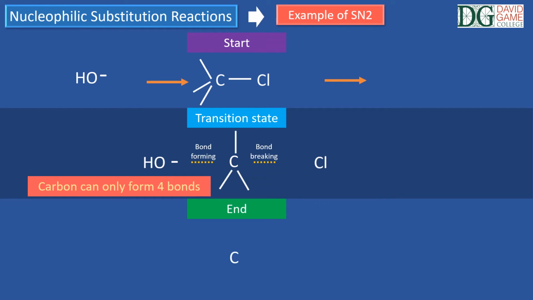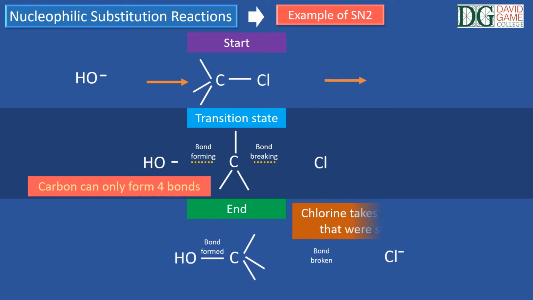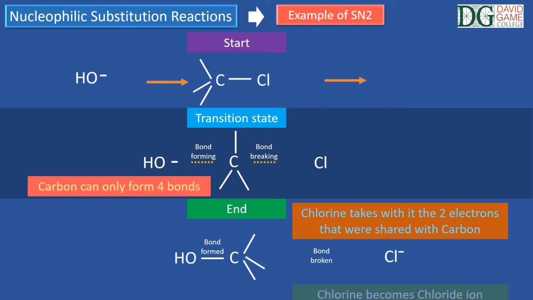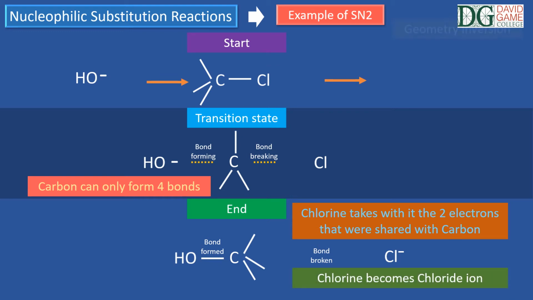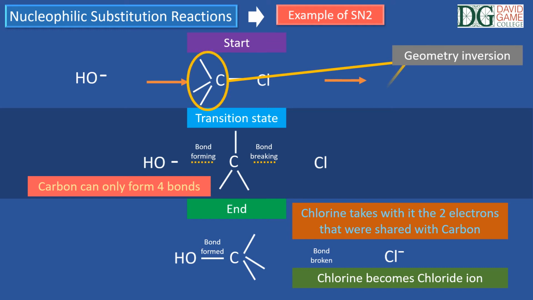As we can see in the end state, the bond between hydroxide and carbon is formed while the bond between carbon and chlorine is broken, and in the process, chlorine has taken with it 2 electrons that were previously shared with carbon. Since chlorine has taken with it the pair of electrons, it is now a chloride ion. Also, as a result of chlorine detaching, the geometry and bonds underwent an inversion, from pointing left at the start to pointing right in the end.